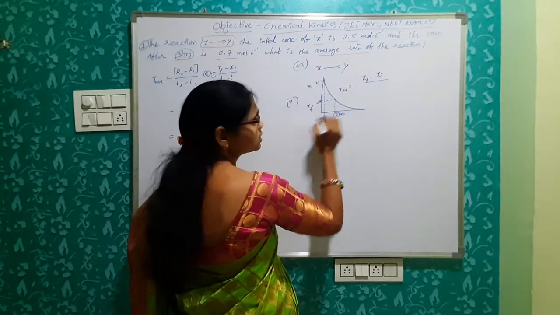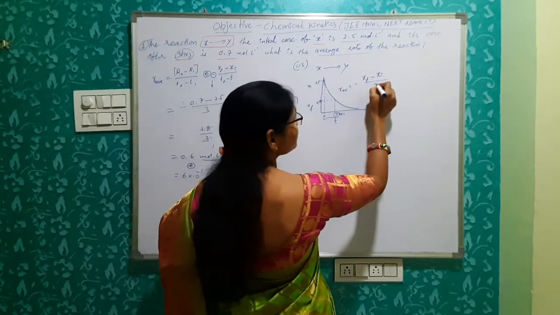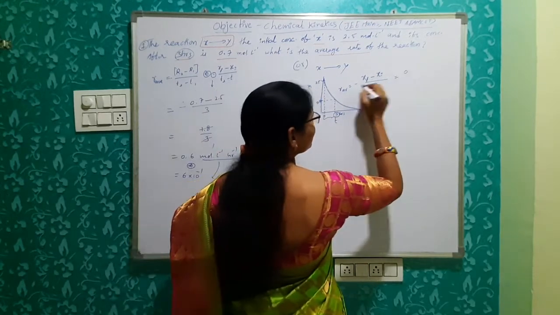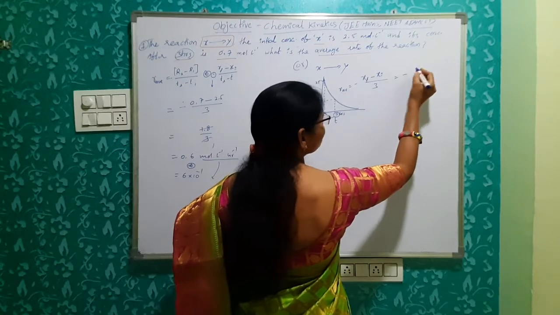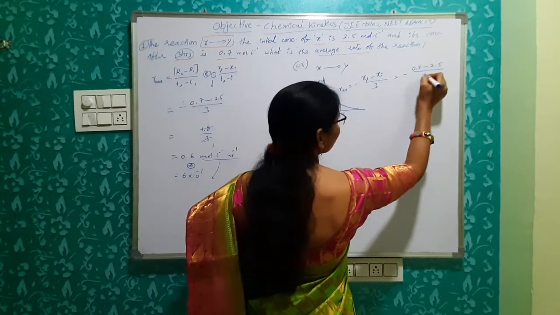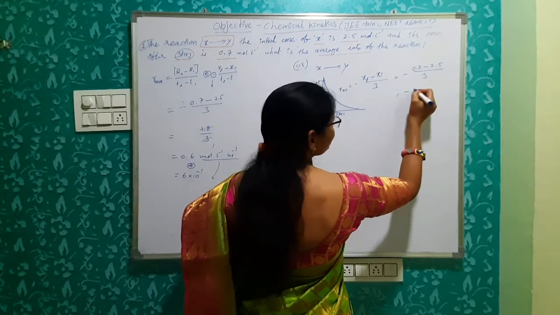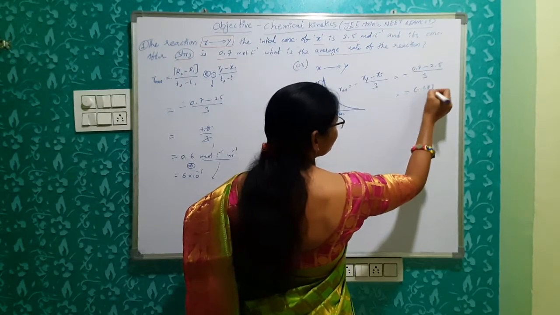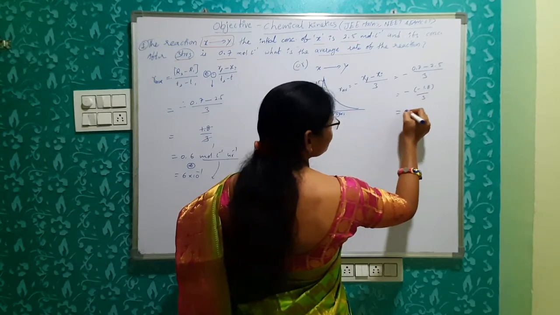Delta T is how much? 3 hours, 0 to 3 hours. So simply, minus of 0.7 minus 2.5 by 3 hours. We'll get minus of minus 1.8 by 3, that is nothing but 0.6.